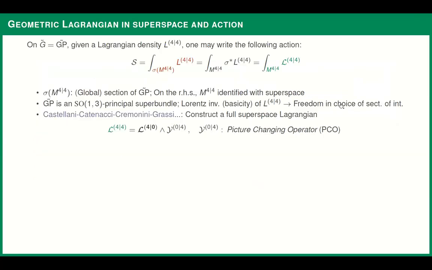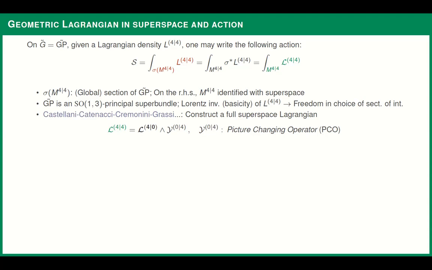And so, regarding what we can do now with this framework regarding the dynamics, we may think of writing a Lagrangian on the whole superbundle, on the Cartan superbundle, so on the super Poincare manifold. We consider a Lagrangian density, which is a 4-form, where 4 is the form degree, and the amount of supersymmetry.